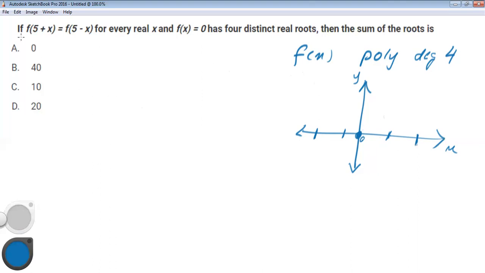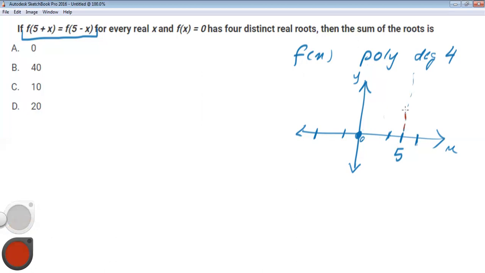Now from this, what we understand is that f of 5 plus x and f of 5 minus x, so around 5 there is symmetry. So let's say this is x equals 5. If I draw a line here, let me just change the color of the pen.